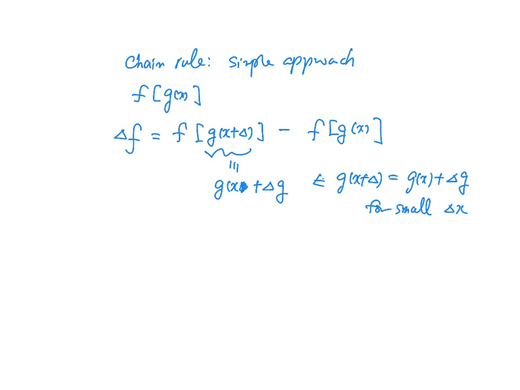So when delta x is 0, then delta g is of course 0. So the derivative, df/dx, is the limit as delta x goes to 0 of delta f over delta x, right? That's the definition of the derivative.